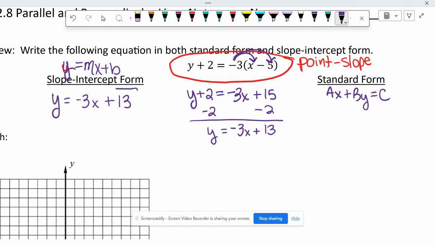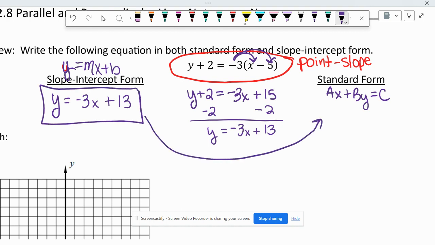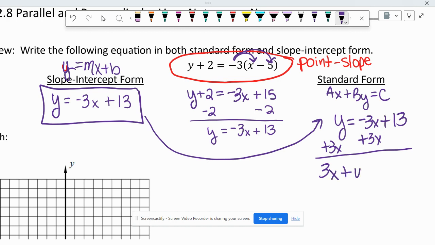Yeah, we're going to take this equation and I'm going to add 3x to both sides. So when I do that, I have 3x plus y equals 13. Does this model this? Does it reflect that? Yeah, it does. So that's in standard form.